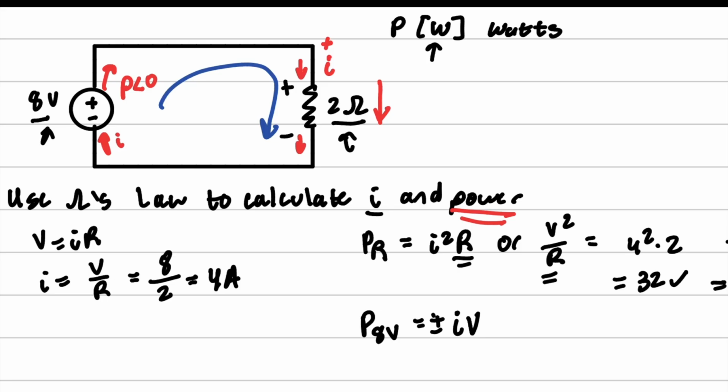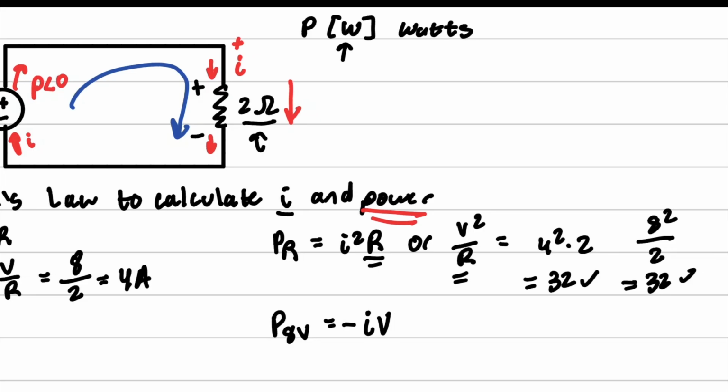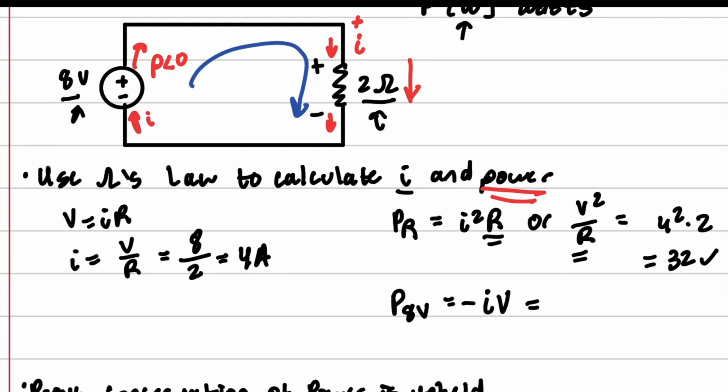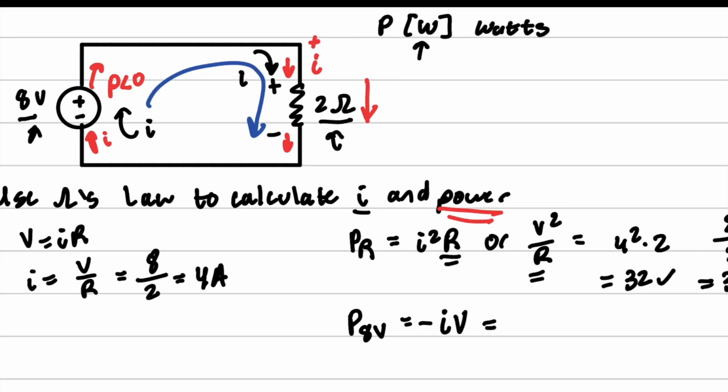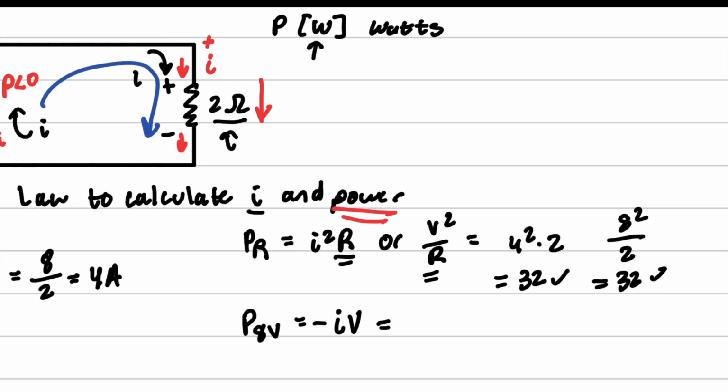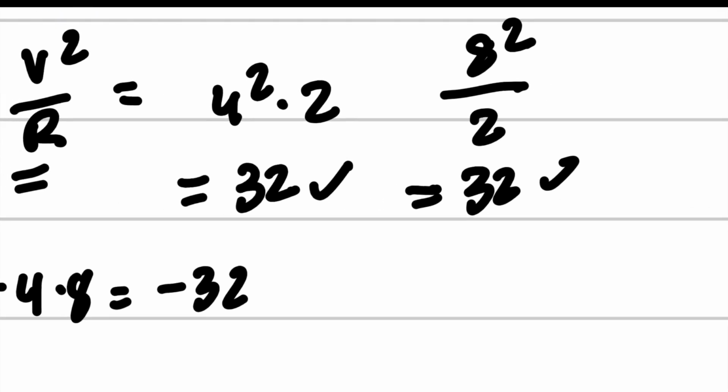It's going to be negative, because it is generating that power that will be dissipated. You can also see visually right here that the I is going into the negative end, whereas the I here is going into the positive end. So we get negative 4 times 8 equals negative 32. Now notice something important here. These are the same magnitude, but they are different in sign.